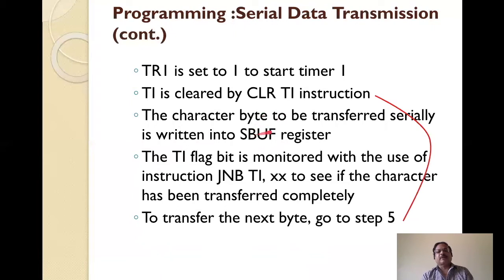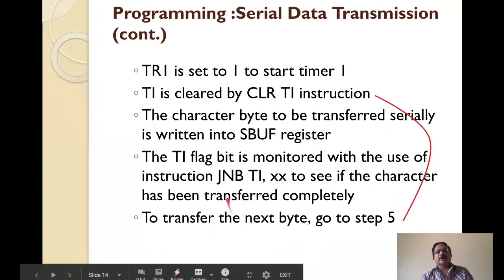So the character byte to be transferred serially is written into the SBUF register, and then the TI flag bit is monitored with the use of the instruction JNB TI, jump if not bit set, to the specified address. So if the character has been transferred completely. To transfer the next byte, you have to go again, keep it in the loop.